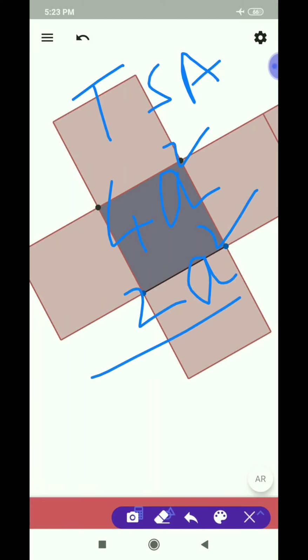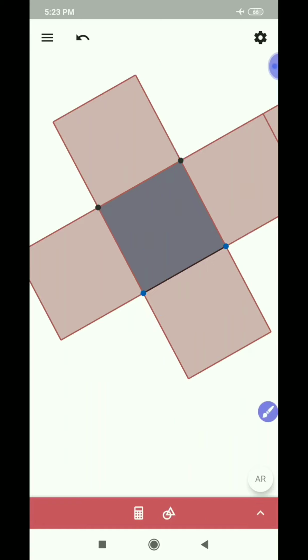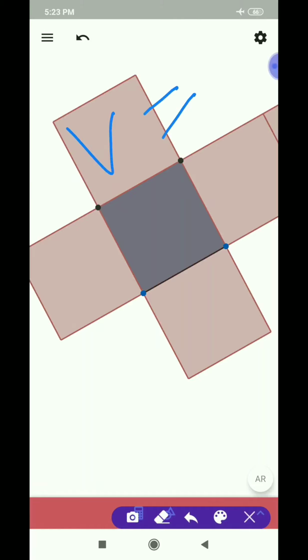So the total surface area becomes 6a square, and its volume is nothing but a into a into a, that is a cube cubic units.